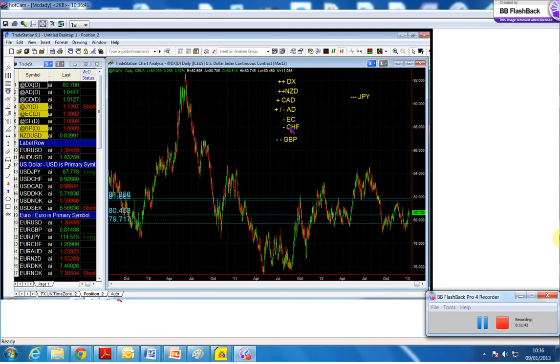The euro and the Swiss are slightly weak, and finally the weakest one is the pound.